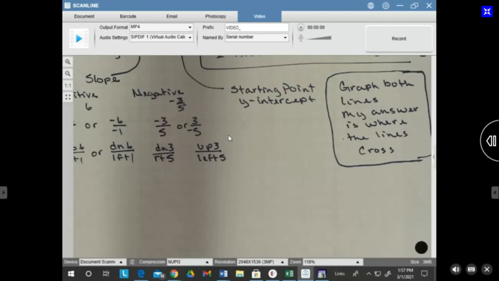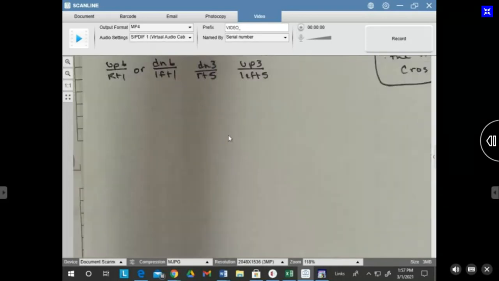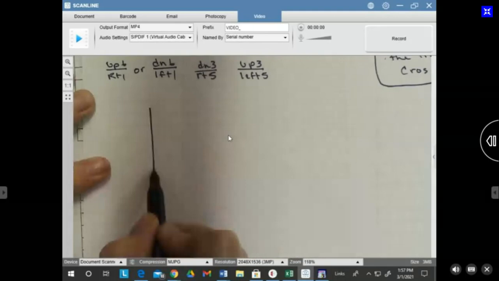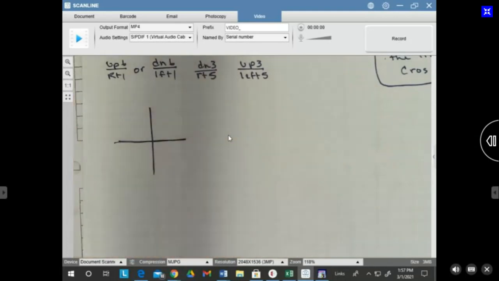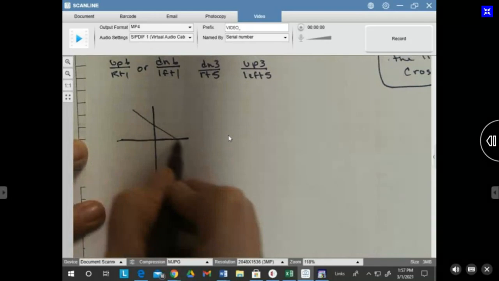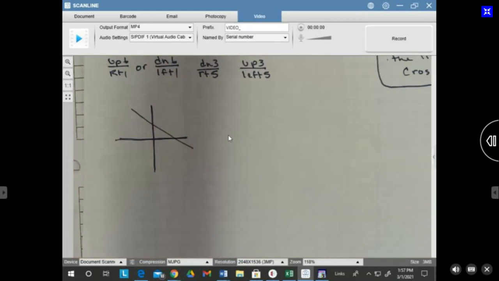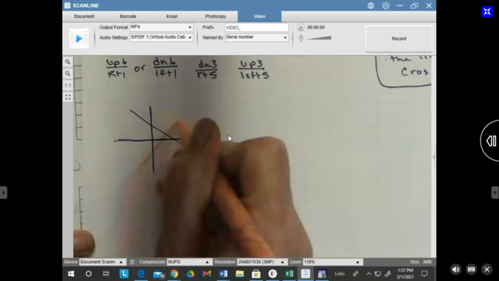The only way one point is going to be on two lines is those two lines have to cross each other. So if I have a graph, and my two lines cross each other, let's say right there.